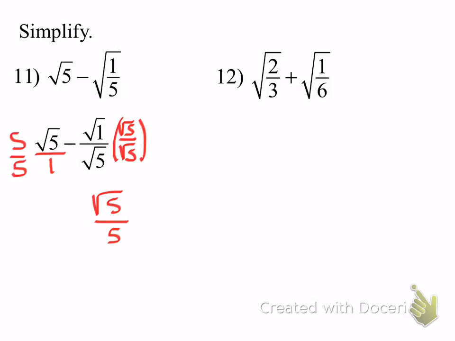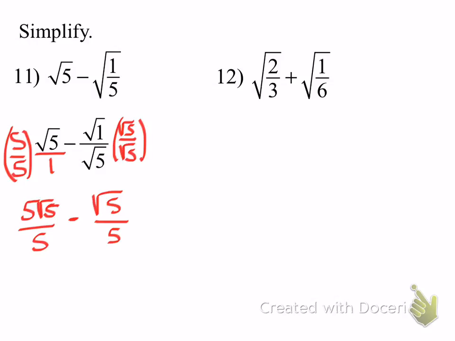Are you guys with me? So now what I have is 5 radical 5 all over 5, and I have that minus sign. I knocked out my radical. Two things: get rid of your radical, and you need a common denominator.